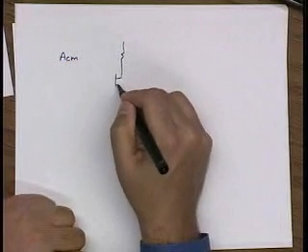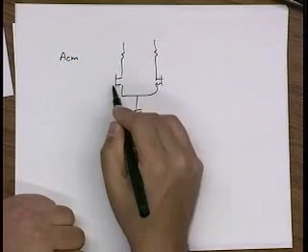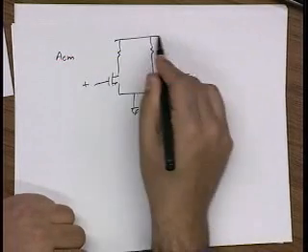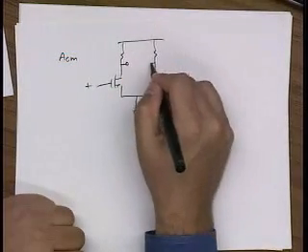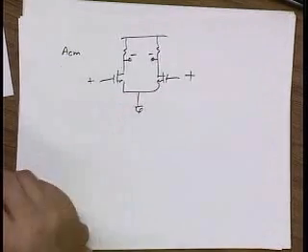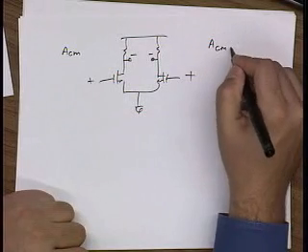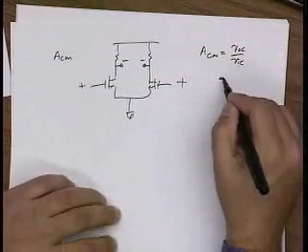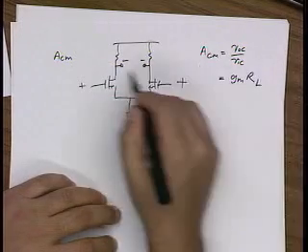So if I ground this node and I apply a common mode signal, let's say plus plus, then the common mode output signal is minus minus, so the common mode gain, which is the output common mode over the input common mode, is pretty much GM times RL, right?